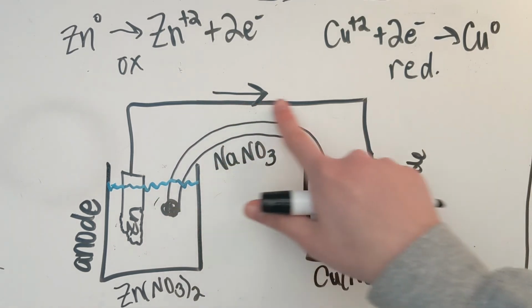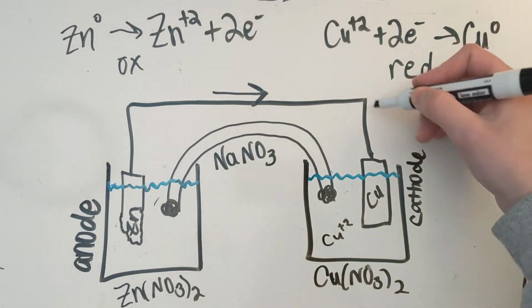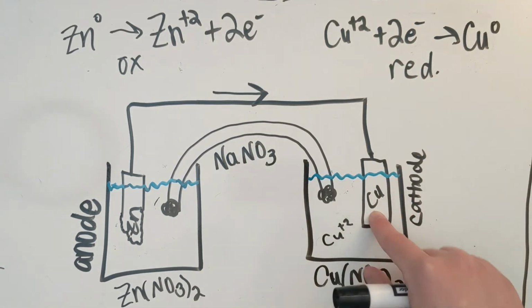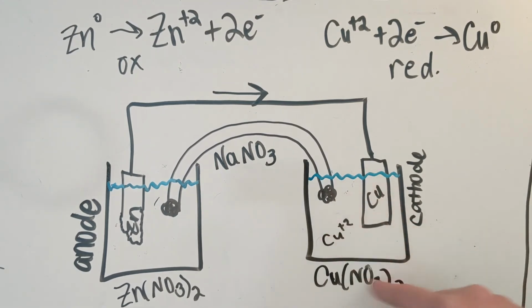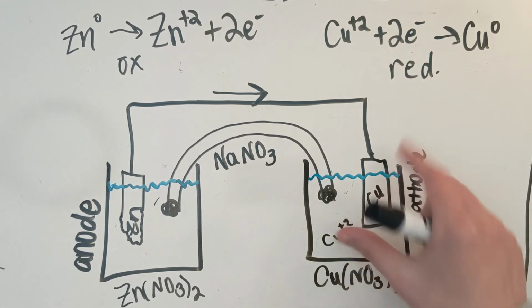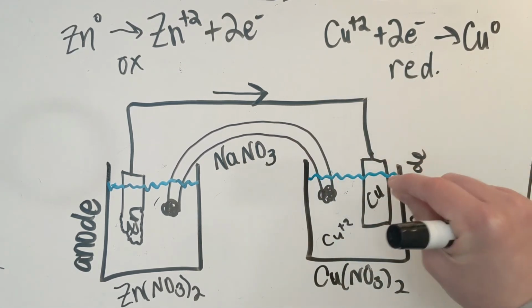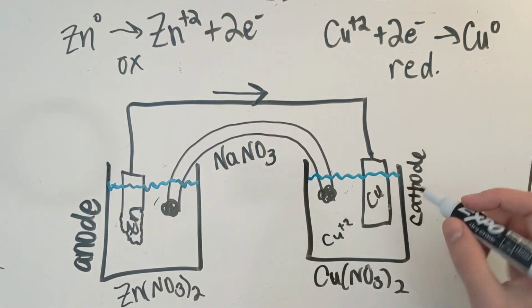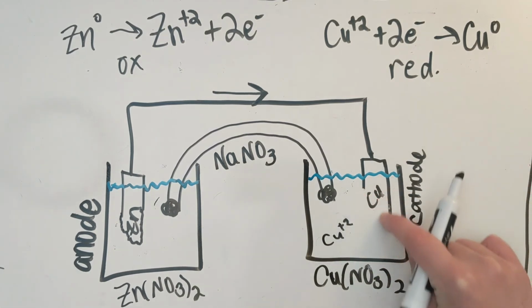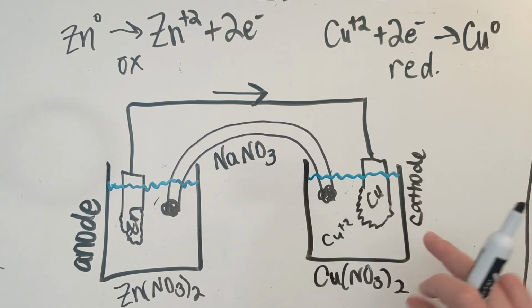So as these electrons are coming across the wire, and they're hitting this copper metal, these copper plus 2s that are swimming around are going to be attracted to those incoming electrons. They absorb the electrons and become copper atoms. The copper atoms are going to stick to the cathode. So over time, this is actually going to grow bigger and fatter.